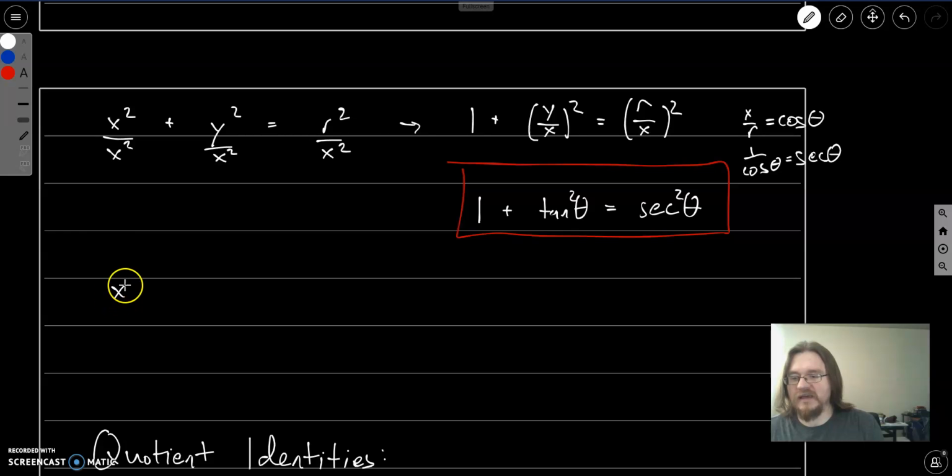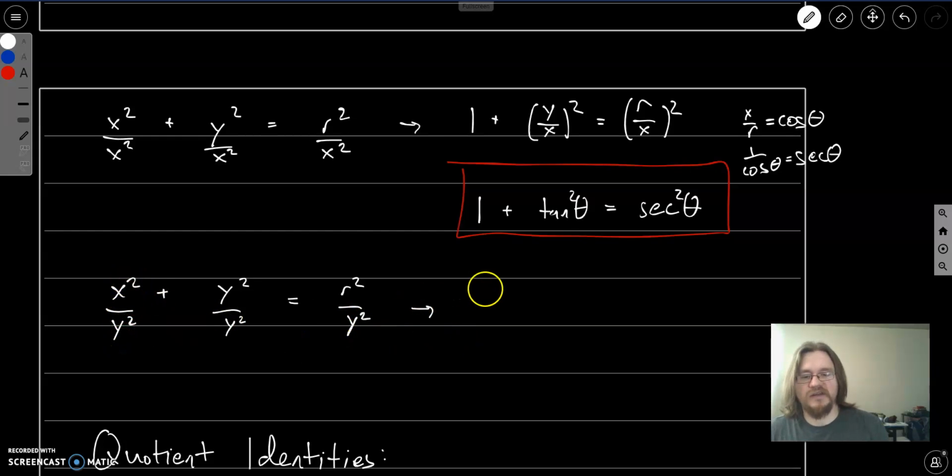So if I take x squared plus y squared is equal to r squared, our Pythagorean identity, and I'm going to divide everything by y squared. Again, x squared divided by y squared is the same thing as x divided by y, quantity squared. y squared divided by y squared, that's just 1. And r squared divided by y squared, that's just going to be r divided by y, squared.